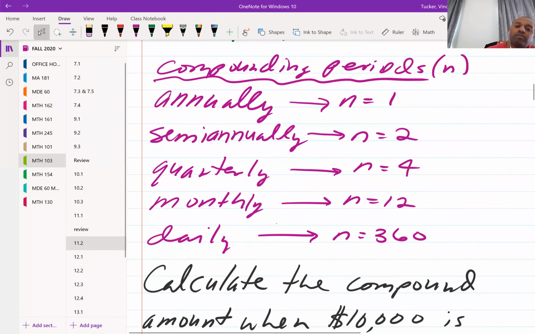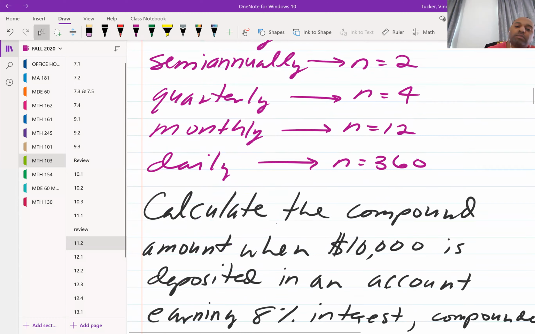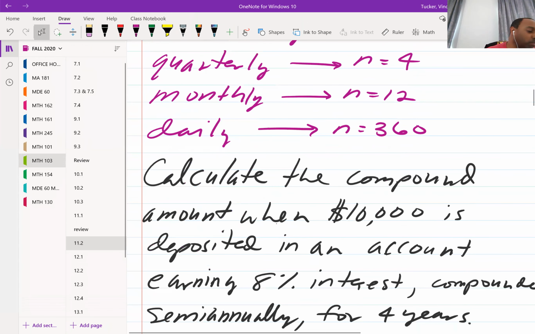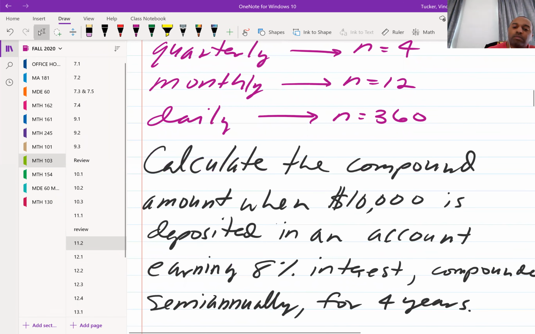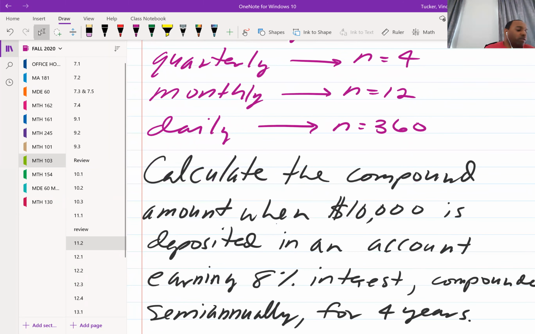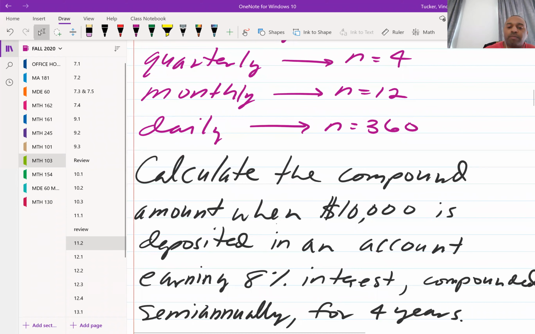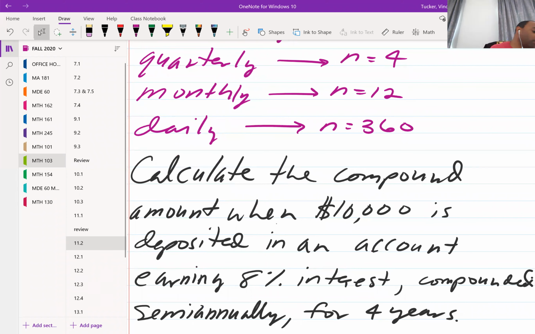All right, so here we're looking at: calculate the compound amount when $10,000 is deposited in an account earning 8% interest compounded semi-annually for 4 years.